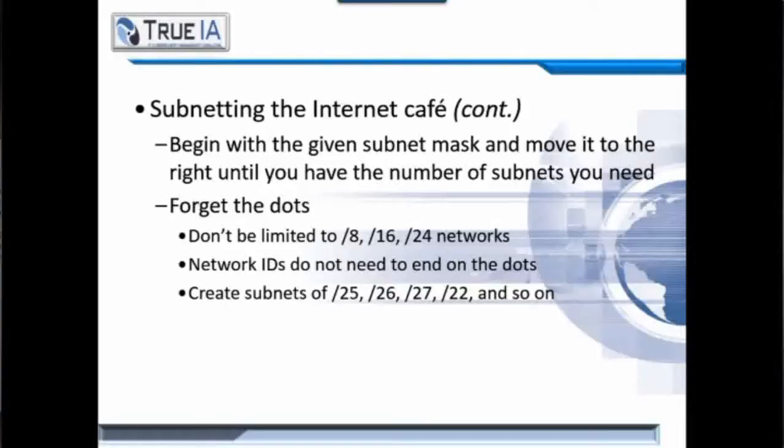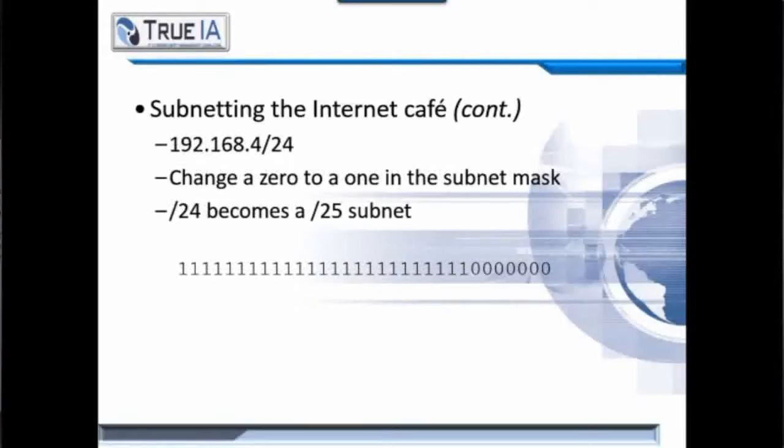When you create subnets, you can create subnets using /25 or /26 or even /22. So by creating these subnets, you change a 0 to a 1 at the end of the subnet mask. So your first subnet changes from /24 and now becomes /25.